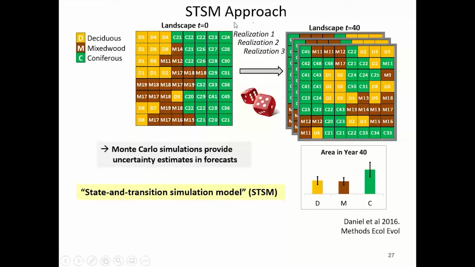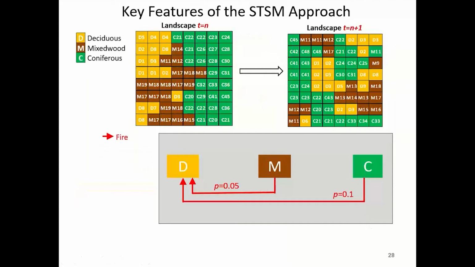We can run this over multiple, what we call Monte Carlo realizations, and end up with a distribution for the projections for state and age over time. Some of the key features of the approach, as I mentioned, is that in its simplest form, you can represent the transitions that occur, like I've done here for fire, using probabilities, and these are probabilities per time step.